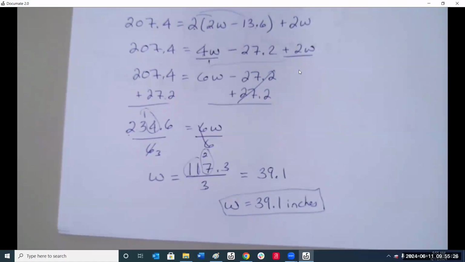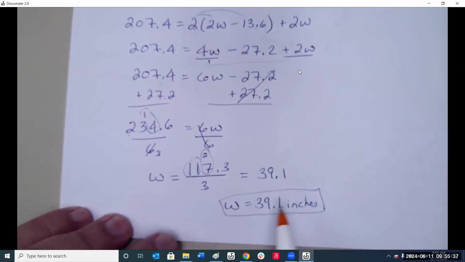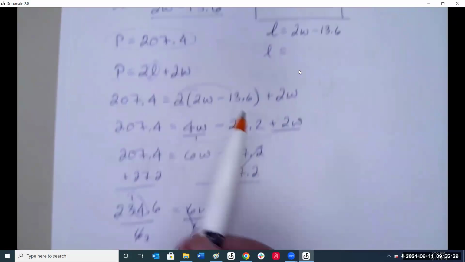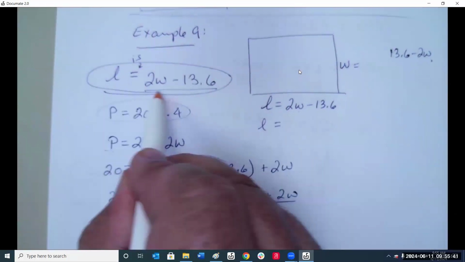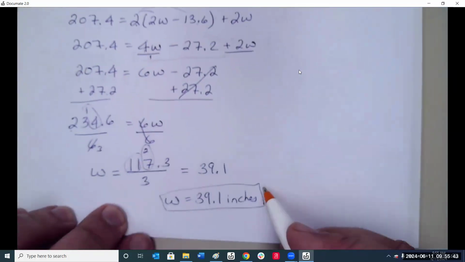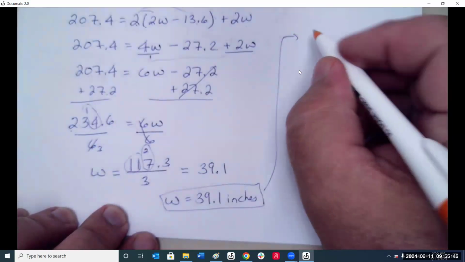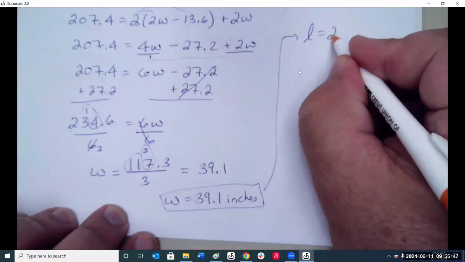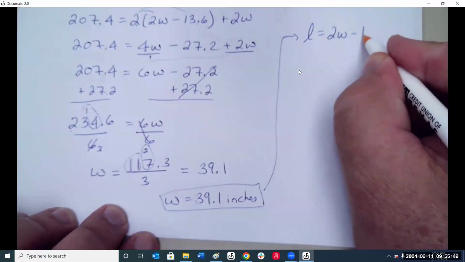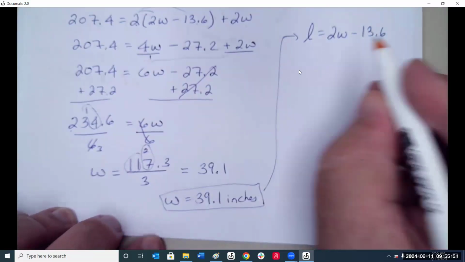What's L? Yep. We have to plug this W into this equation. L equals 2W minus 13.6.